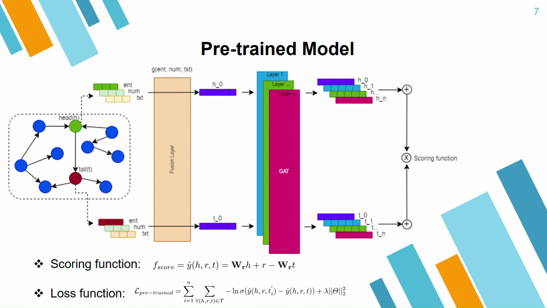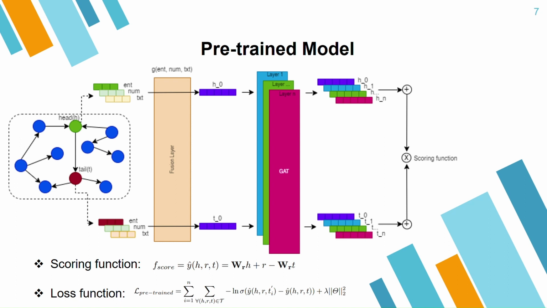Then we use the scoring function to learn the relation between the head and the tail in the triplet. In the scoring function, we transform the final head embedding and final tail embedding into the relation space to calculate the score.